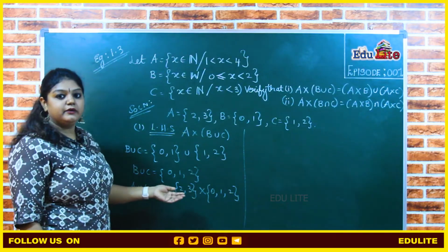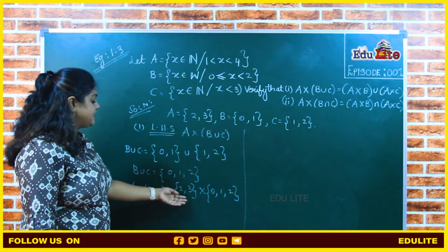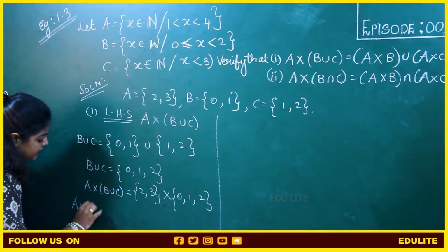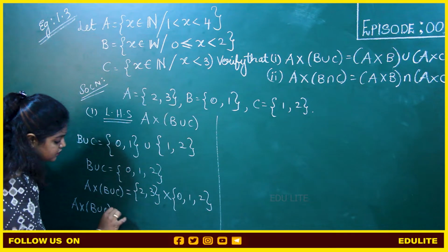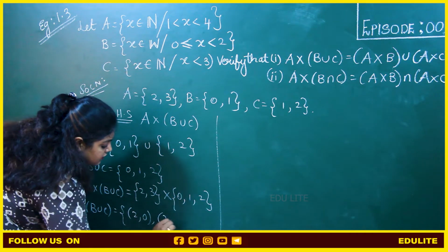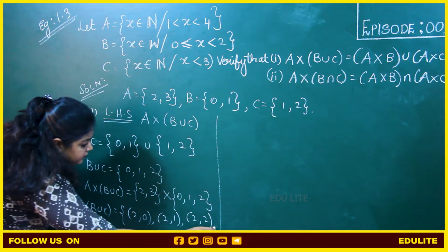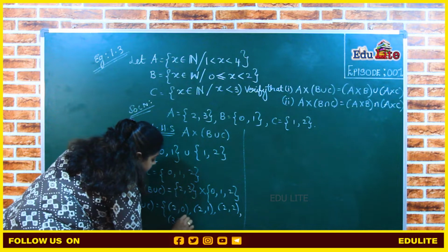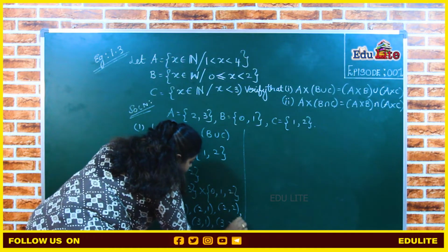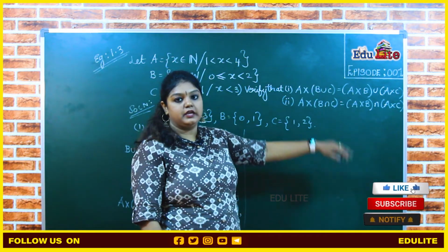So, we have to do the cross product for the set A and B union C. A cross (B union C) equals (2, 0), (2, 1), (2, 2), (3, 0), (3, 1), (3, 2). So this is the left hand side we got after solving A cross (B union C).